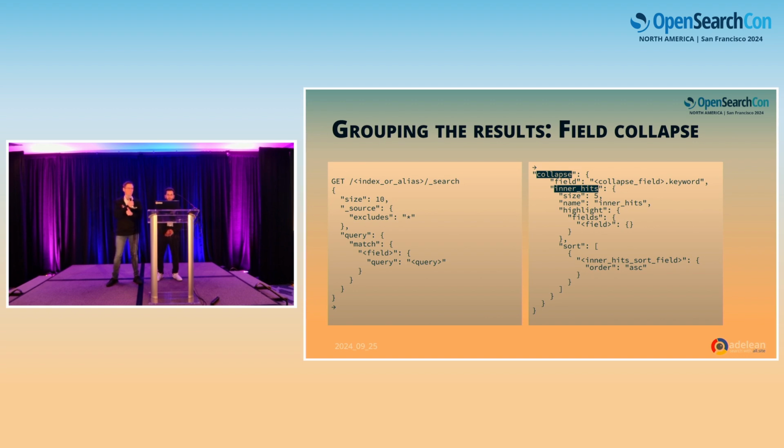So it's the collapse query that looks like this, and that can also give you inner hits with the results that come from each vendor. So you can display, let's say, the less expensive one, and then you say, okay, this product is also available in that place and that place and that place.